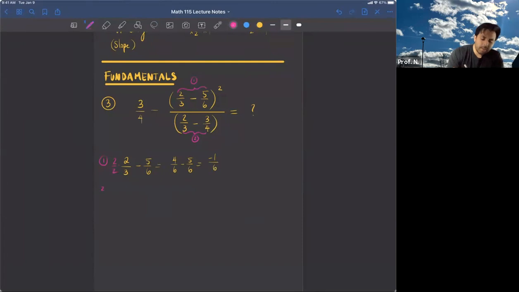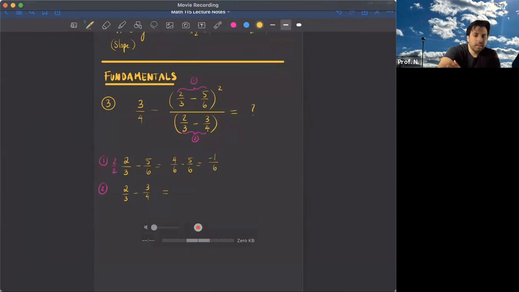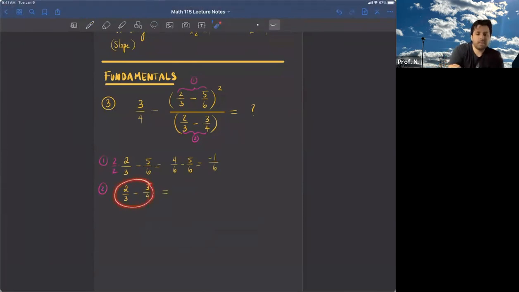And in the second one, I got 2/3 minus 3/4. Again, I want to combine this with the same denominator. So what is going to be my common denominator for the second difference of fractions? I have a 3 in the denominator, I have a 4 in the denominator.